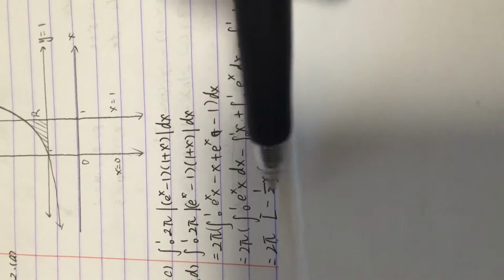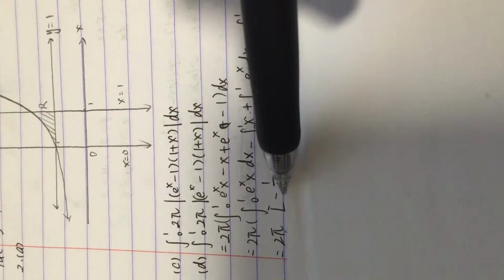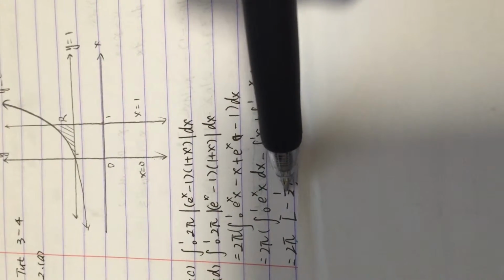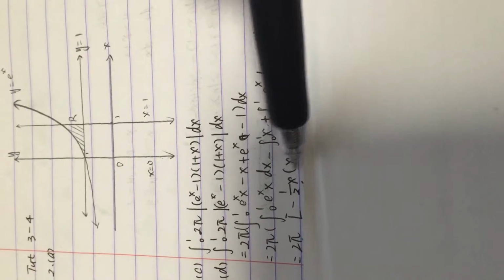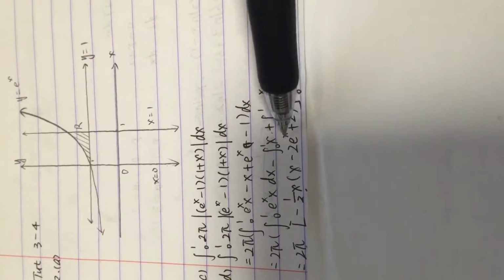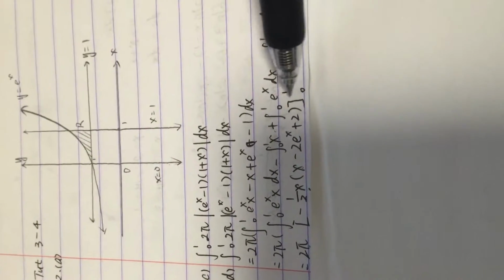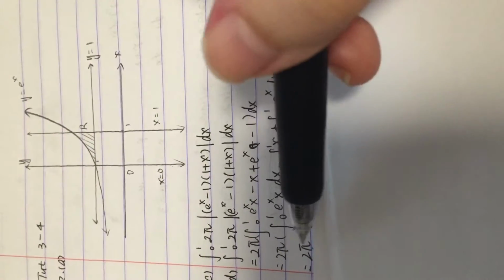And your integral becomes minus 1 on 2 times (x minus 2) e to the power of x plus 2, then times 2x.